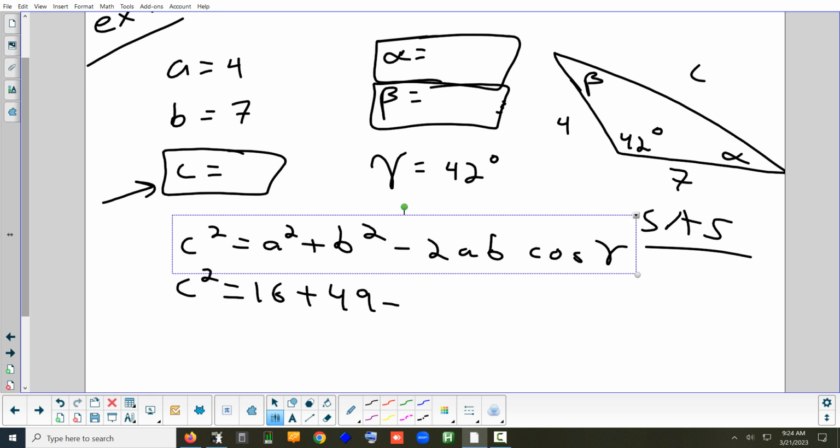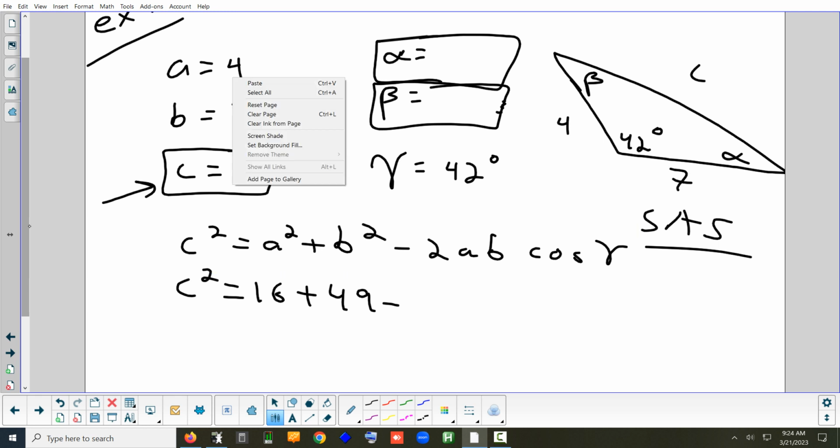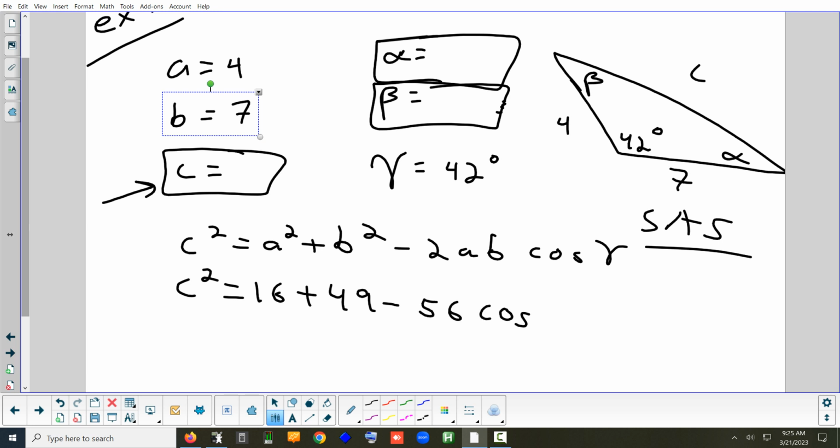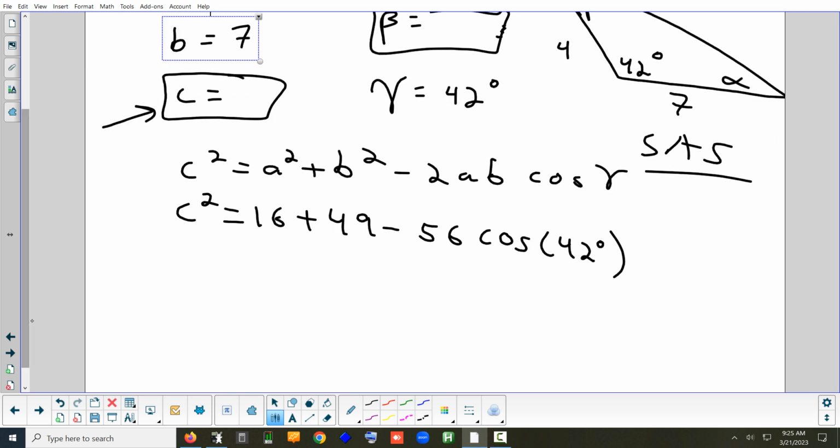Minus 2 times A times B. Well, 2 times 4 times 7. What's 2 times 4? 8 times 7, 56. So 56 cosine 42. Okay, so there's your first step, doing a few of the calculations as we go.